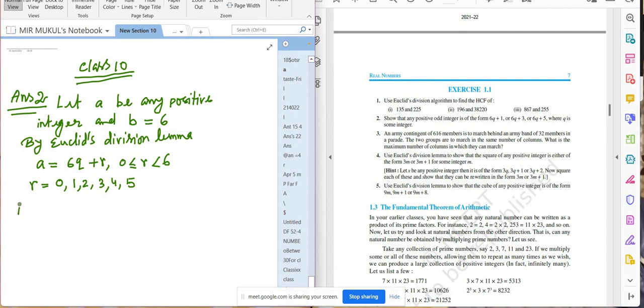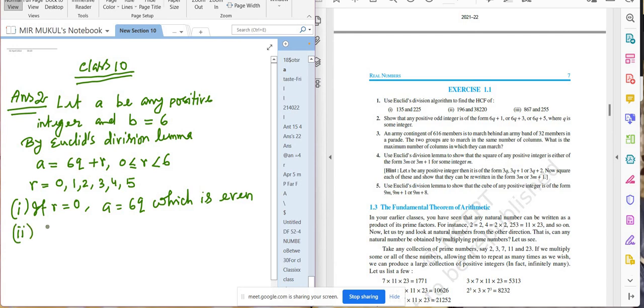Now, here 6 types of numbers we'll get. Number 1: if r equals 0, then a will be 6q. Is this number even or odd? It's even, because we can divide it by 2 and we will get q. Which is even.